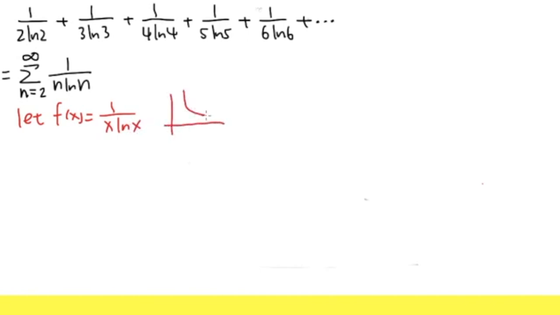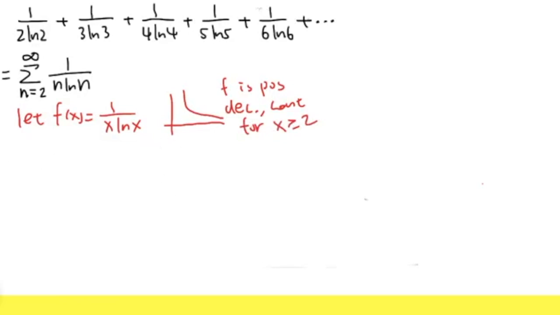It will look like this. x cannot be equal to 1 because otherwise ln 1 will be 0 and that will be on the bottom, and that's not good, right? So you have this part, that's all. So just mention that f is positive and decreasing and continuous for the x values bigger than or equal to 2. And this is the only part that we care about anyway, right?